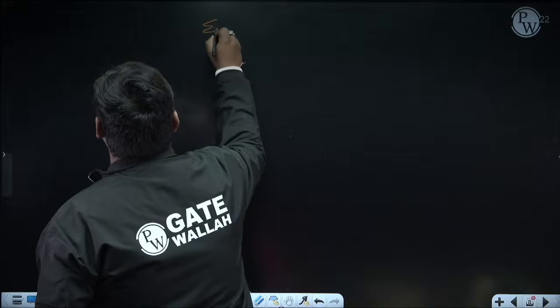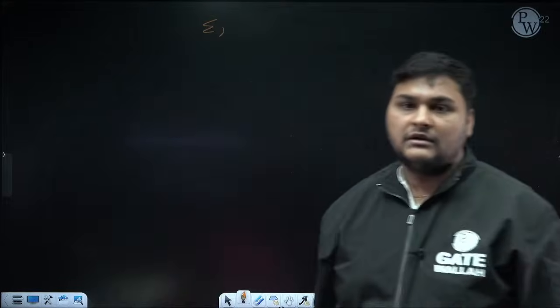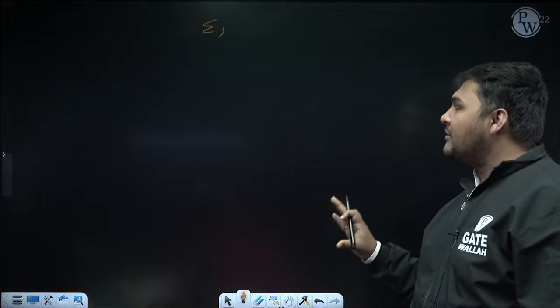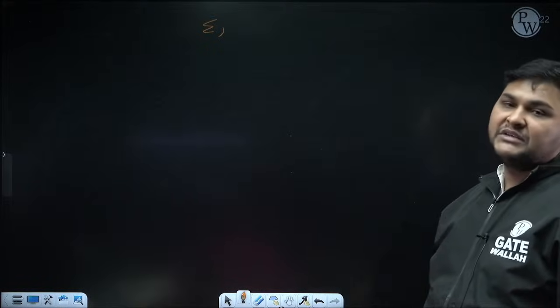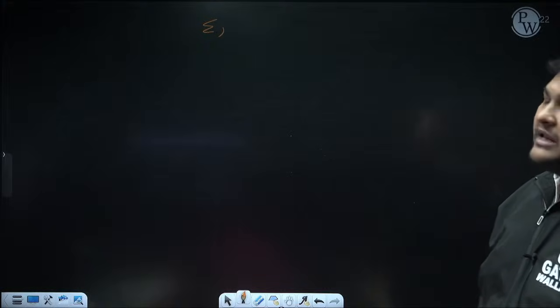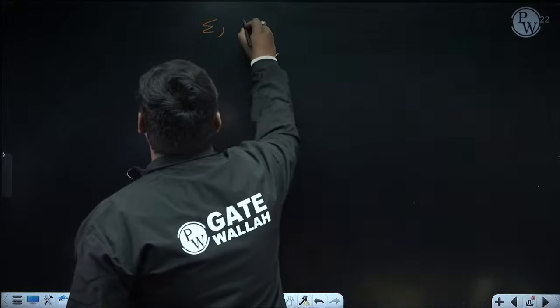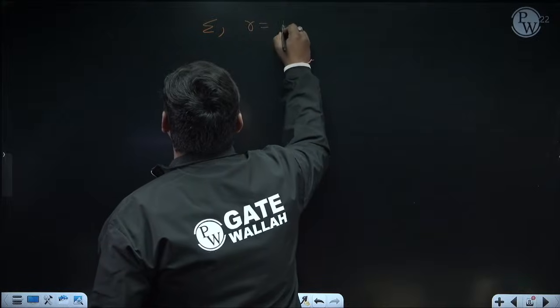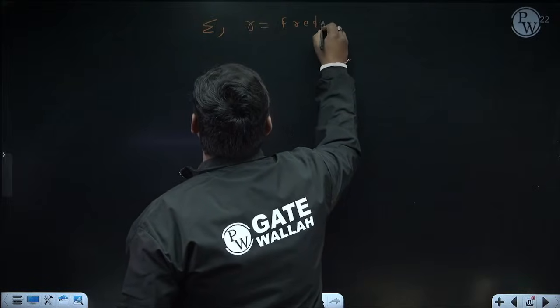What is zeta? Zeta is the damping factor. Since a damper is attached, to relate any parameter with the damping effect we generally represent that parameter with zeta. Second, we are converting this expression in terms of R. What is R? This R is known as the frequency ratio.